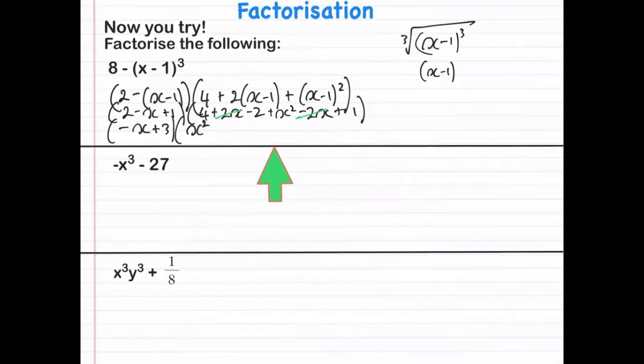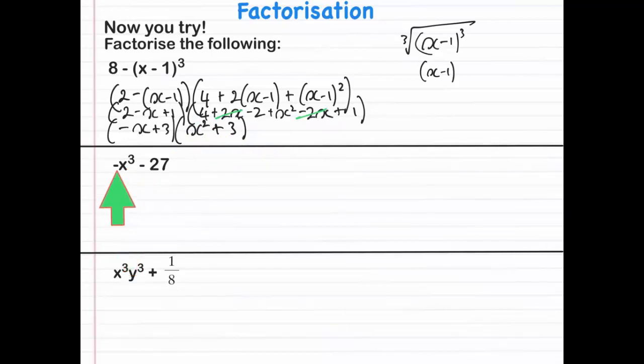And then we will have 4 minus 2, which is a 2. 2 plus 1 equals 3, and we will have a plus 3, and we are done. Okay, brilliant. So that is what we end up with, and now we can continue on to the next one.